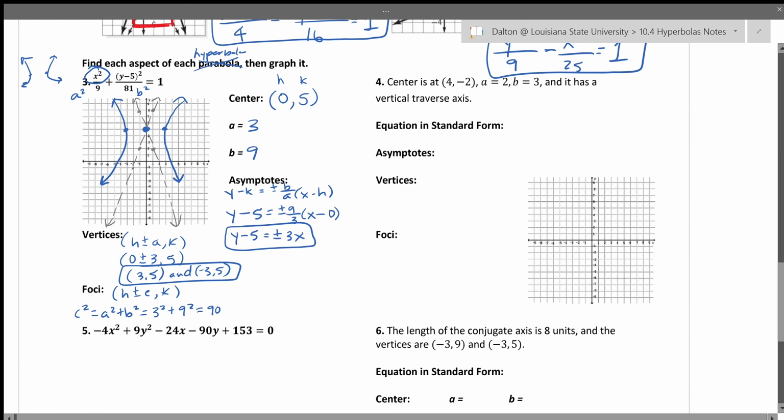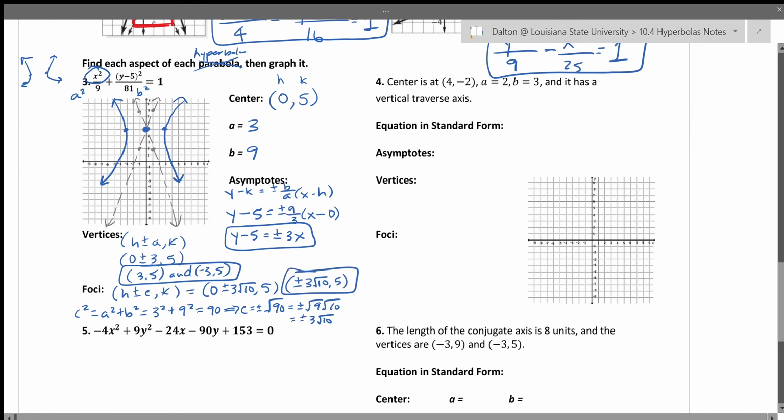So then that means c is going to equal plus or minus the square root of 90, which we can break up. 9's a perfect square, so it'll be plus or minus square root of 9 times square root of 10, which will be plus or minus 3 square roots of 10. So for our foci, that's going to be h is 0 plus or minus 3 square roots of 10, comma 5. So if I clean that up a little bit, it'll just be plus or minus 3 square roots of 10, 5.